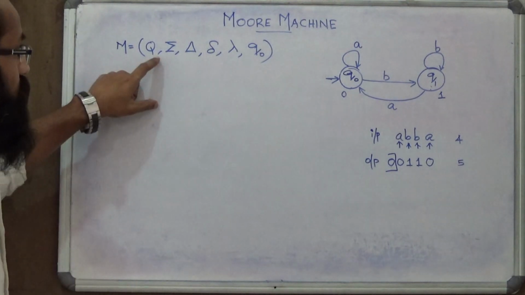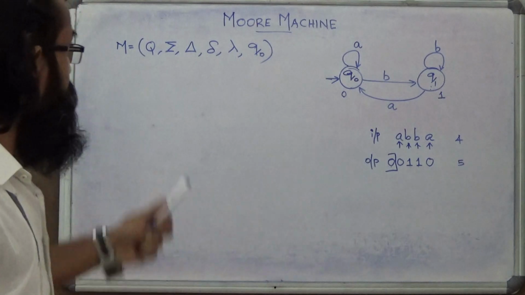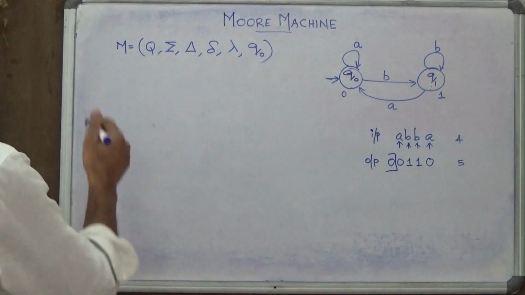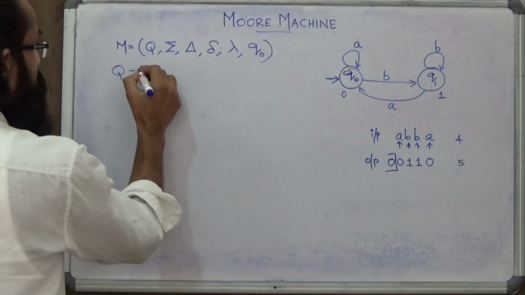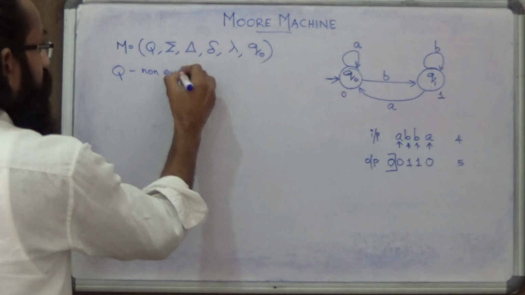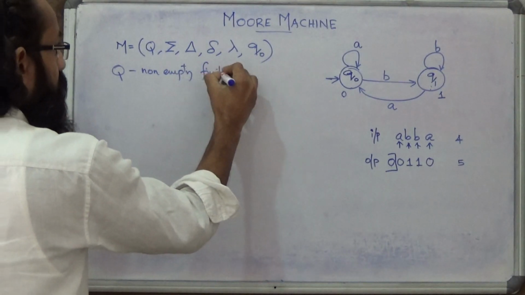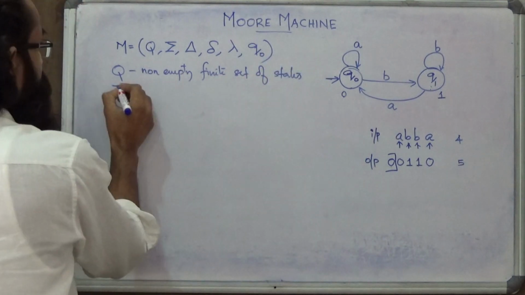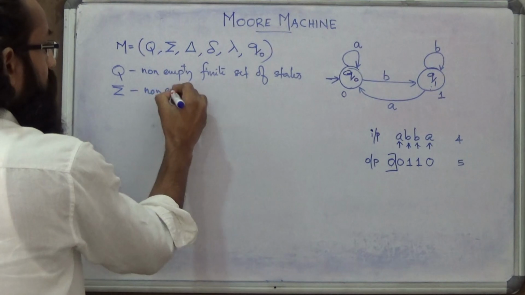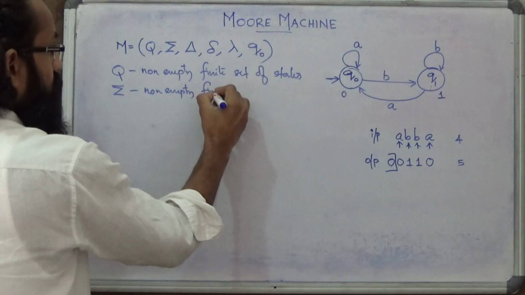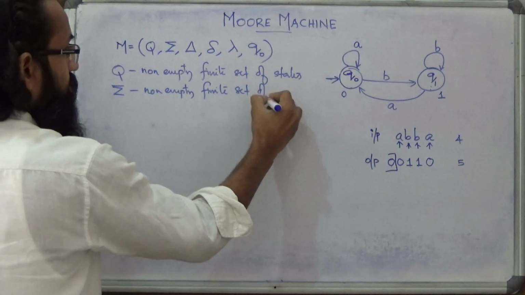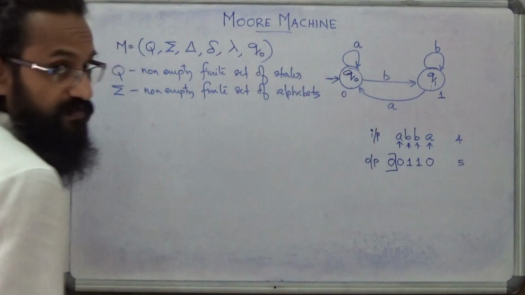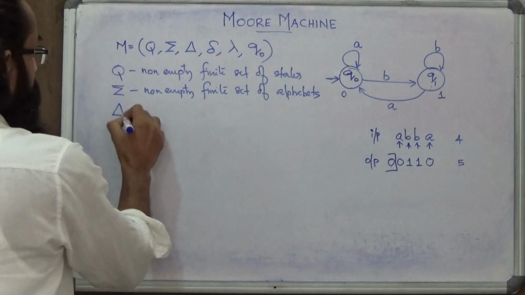So you can define a Moore machine using a 6-tuple representation, where Q is the non-empty finite set of states. Sigma is the non-empty finite set of alphabets or input symbols.